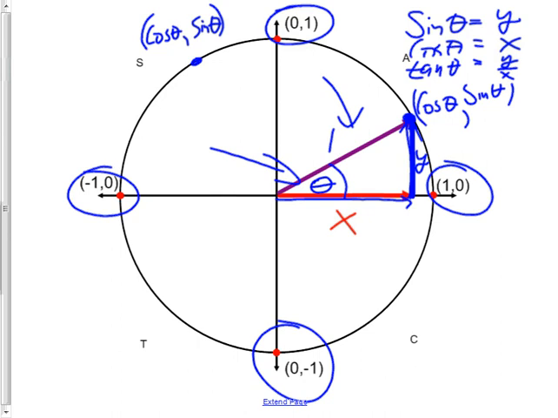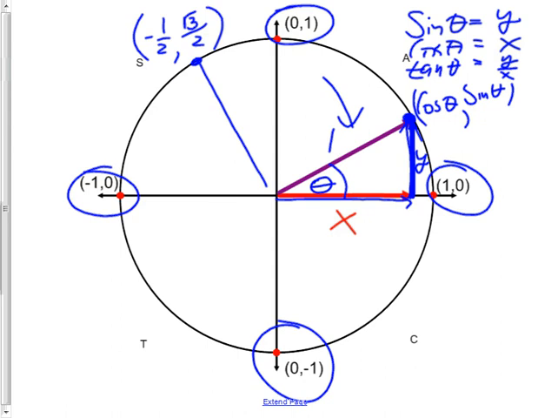Okay, so if I was able to figure out that this point in space over here was at -1/2, comma, √3/2 or something like that, do you get that the angle that goes with it would be telling me the sine of that angle?